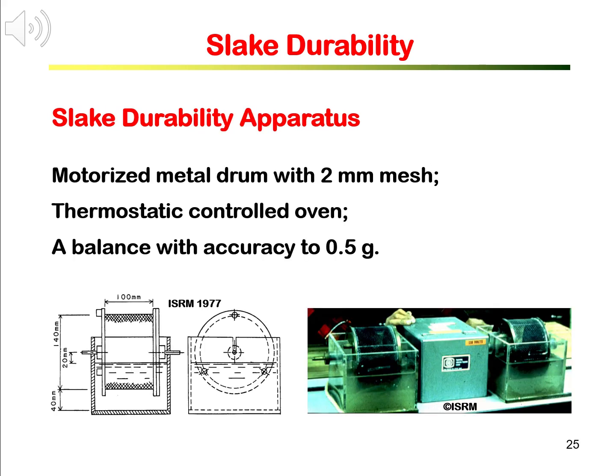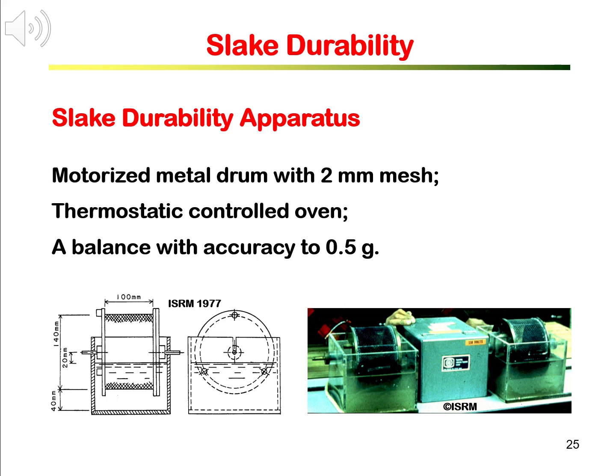The main apparatus for the slake durability test is the slake durability drum assembly, as shown below. The available slake durability system usually has 2 drums of 140 mm diameter made of steel mesh of 2 mm mesh size. The drums can be rotated by a motor at 20 revolutions per minute.